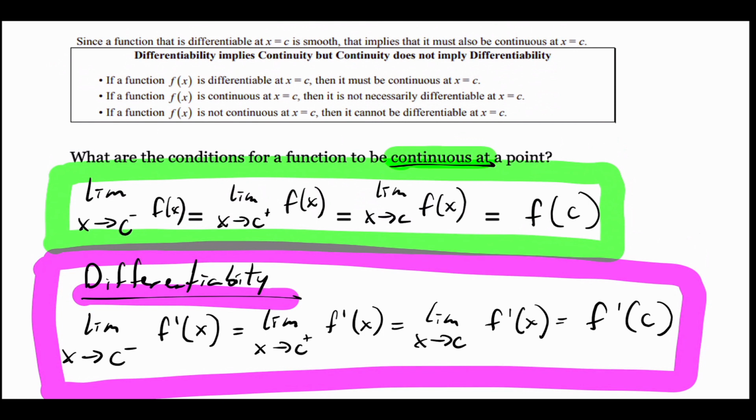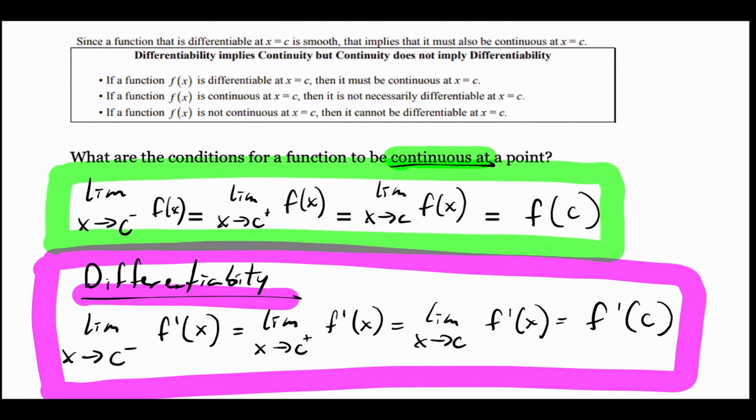So you have to check that. So if you start with continuity, you have to check differentiability next. So if I start with the green, I have to go to the purple. But if I start with the purple and it checks out, green I don't have to do. Okay? If a function is not continuous, so if it fails the green, then I don't even need to check the purple because it can't work.